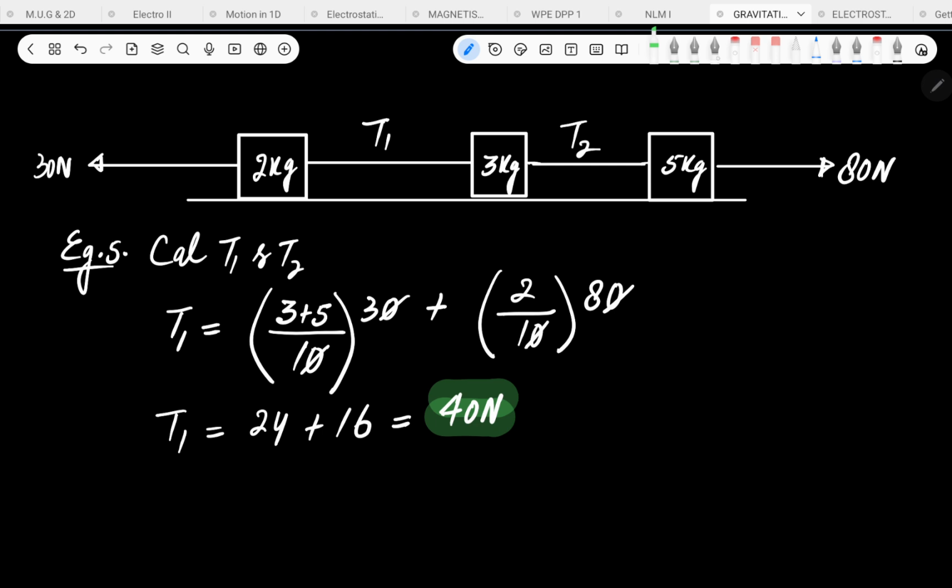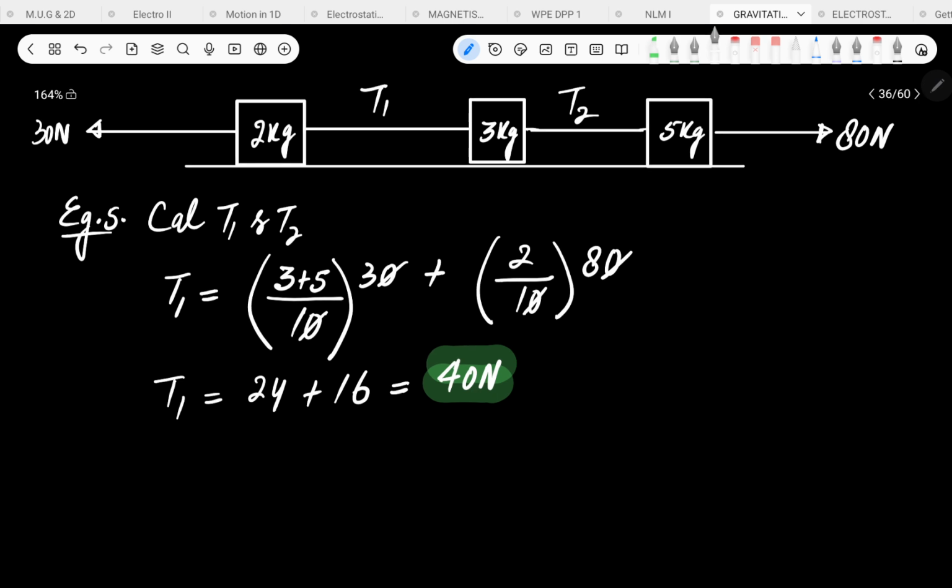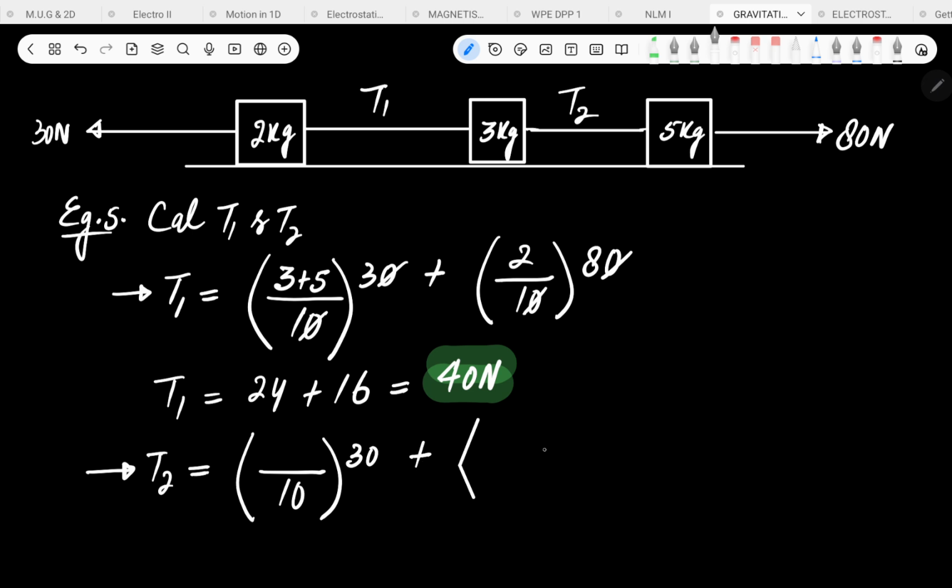Okay, exactly in the same way we will try to calculate what is tension T2. We have calculated tension T1. Now next I am going to calculate tension T2. Again, there are two external forces. What is the total mass of the system? That is 10. What's one external force? That is 30. Plus, what is the total mass of the system? That is 10.